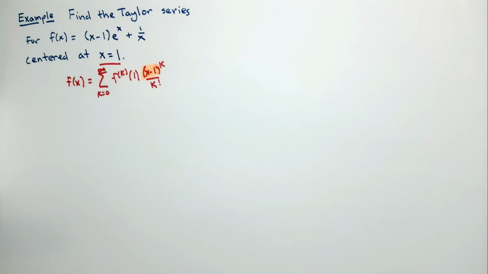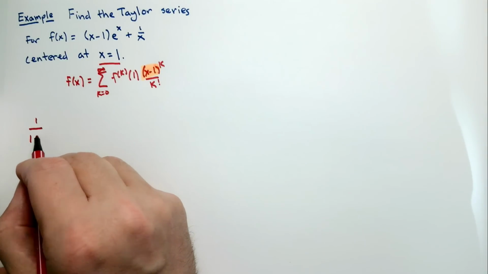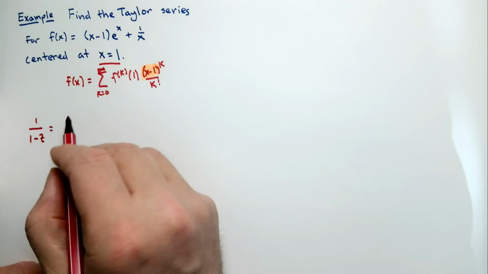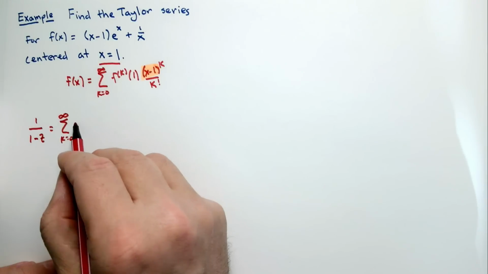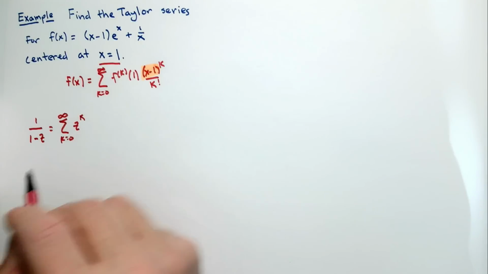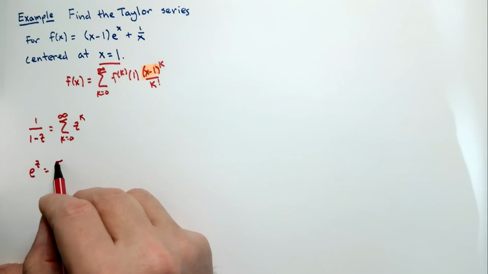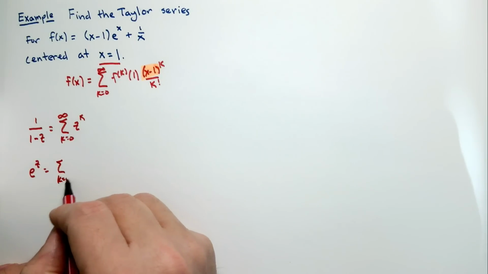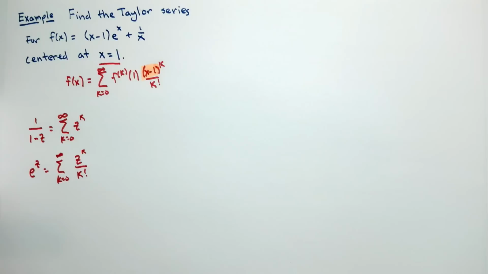So let's think about what we have. Remember our two rules that we're going to use. 1 over 1 minus z is equal to the sum from 0 to infinity of z to the k, and e to the z is equal to the sum from 0 to infinity of z to the k divided by k factorial.